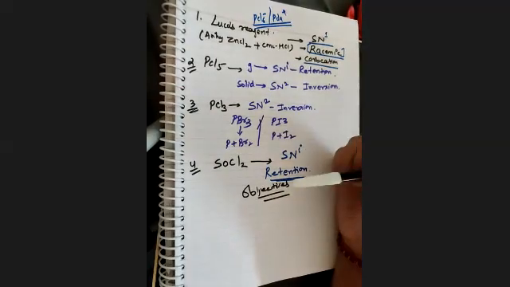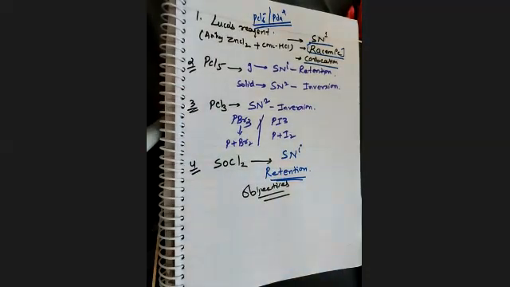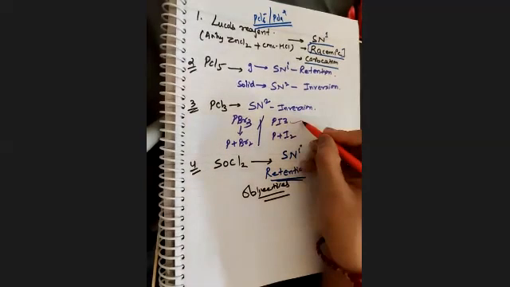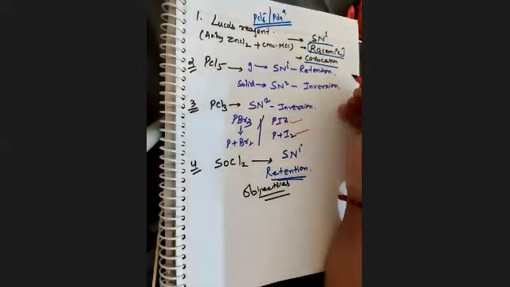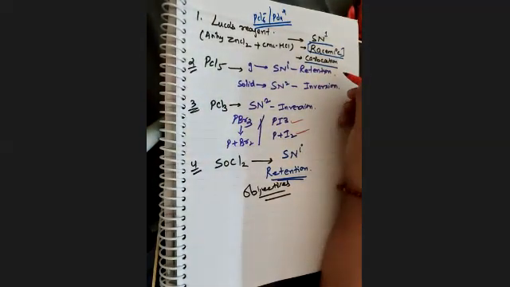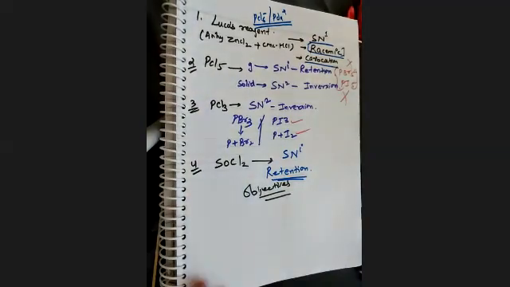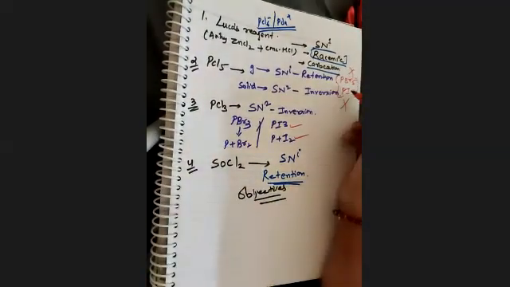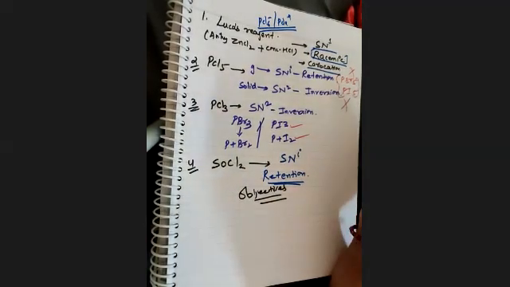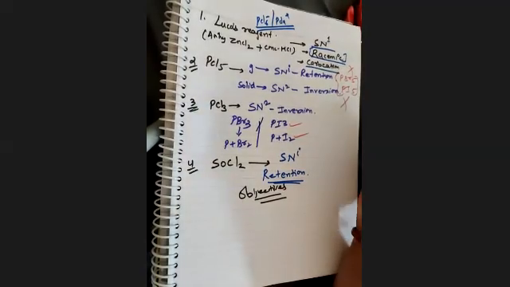Okay, and you must note the exceptions also. For example, in the case of PBr5 and PI5, they are not stable. So if you get these two reagents in any reaction, you just write that this reaction is not possible, or you can select the option none of these.